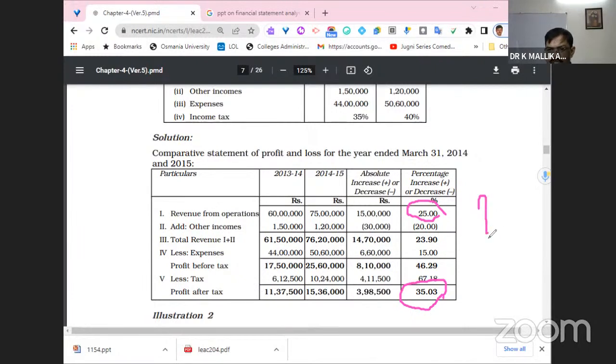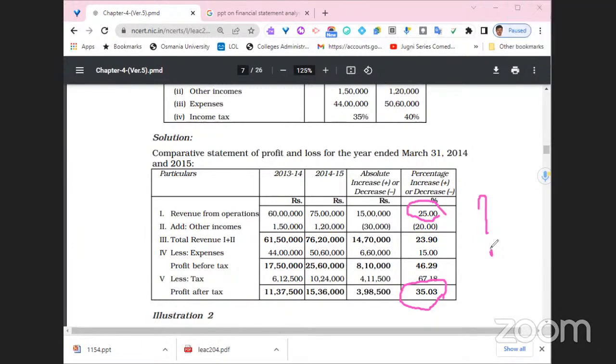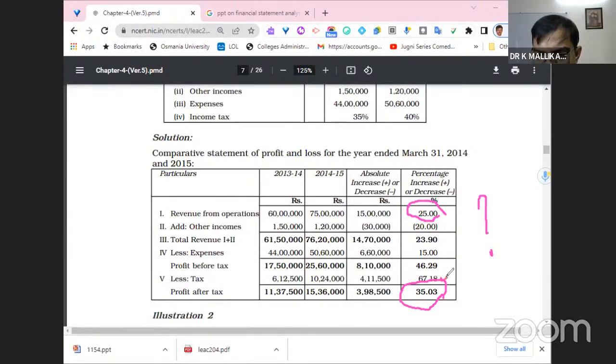So why this much increase in the profits? What is the reason? Because tax is also included, sir. Tax is also increased. You see that the tax amount is also increased. When the sales increase, tax automatically increases, right?